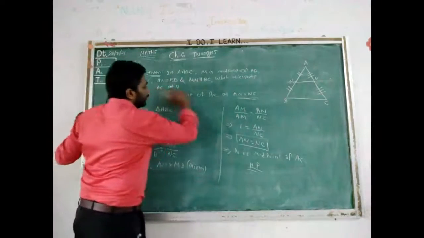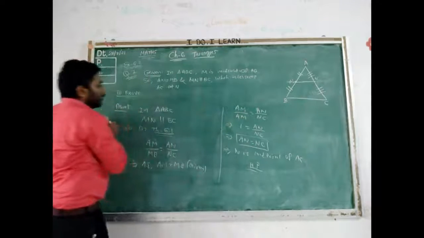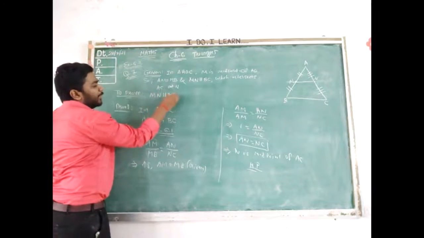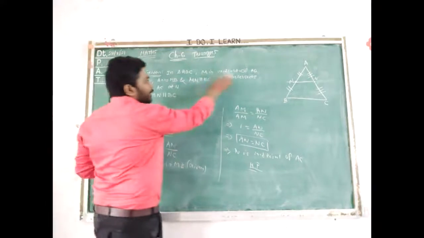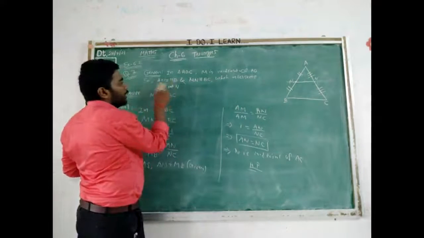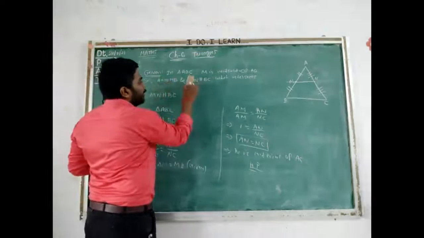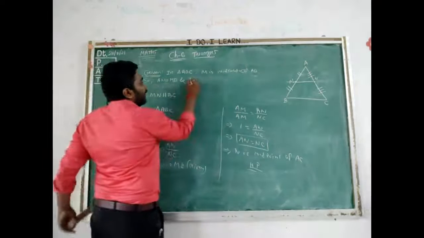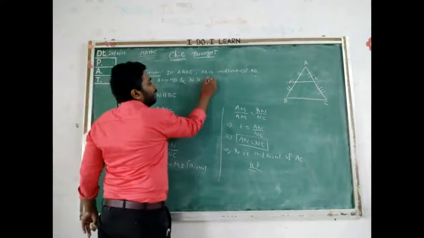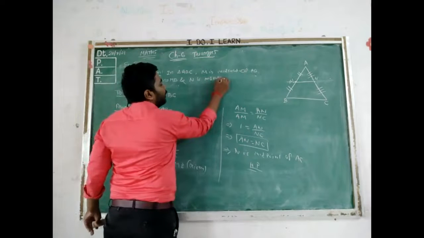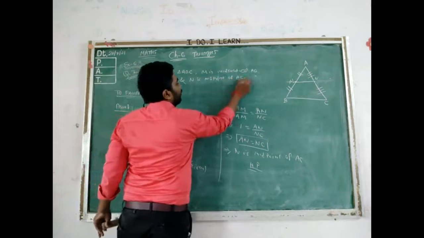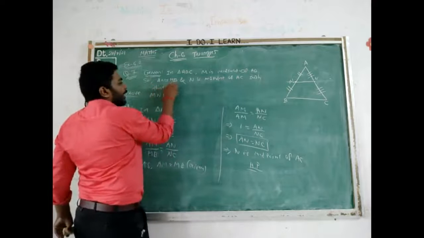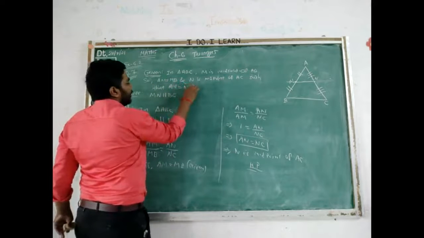So that is why I am writing over here that we have to prove MN is parallel to BC. That I have to prove. In the triangle, M is the midpoint of AB, so that AM is equal to MB. And N is the midpoint of AC such that AN is equal to NC.